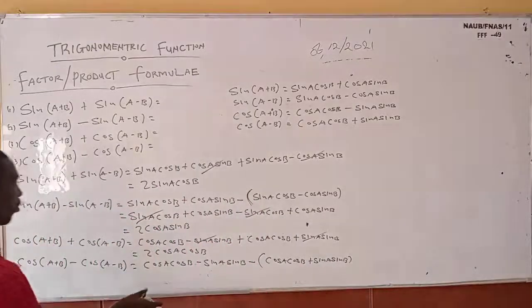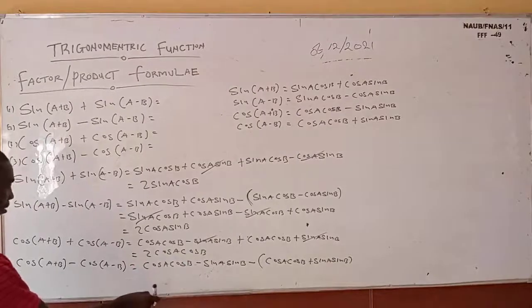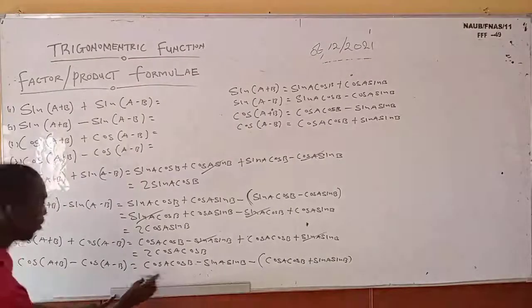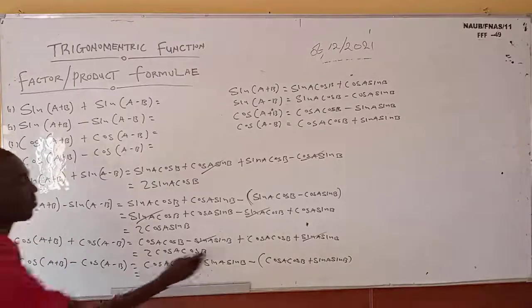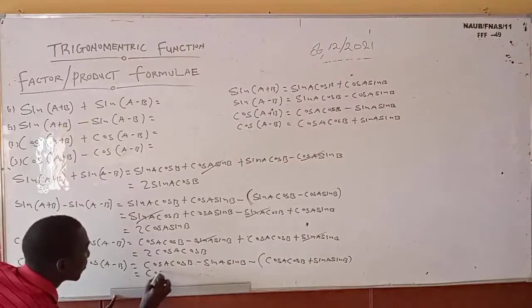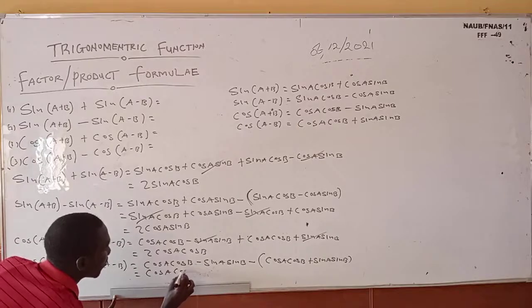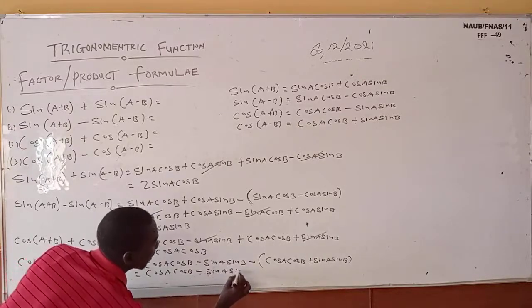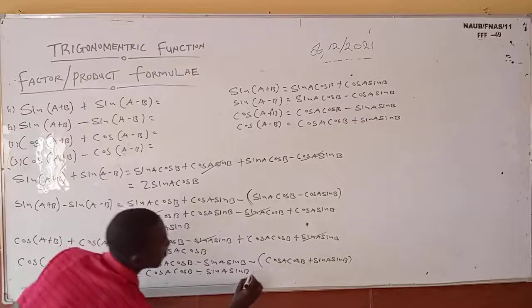So you can now open this bracket. When you open this bracket, you are going to have cos A cos B minus sine A sine B, minus times this, which is what?